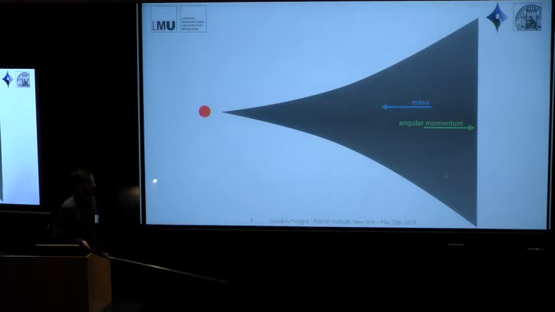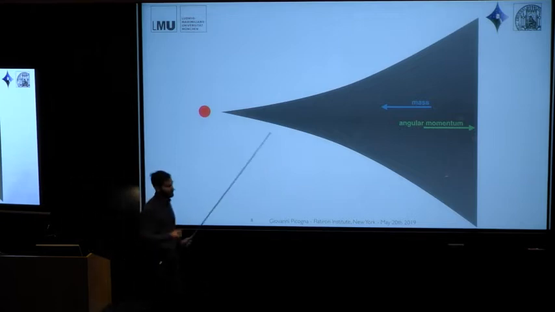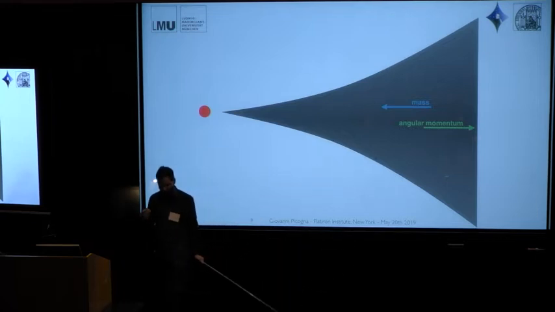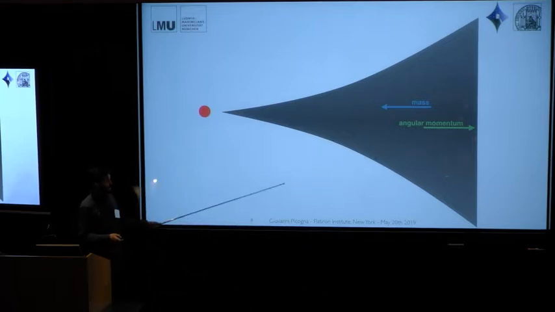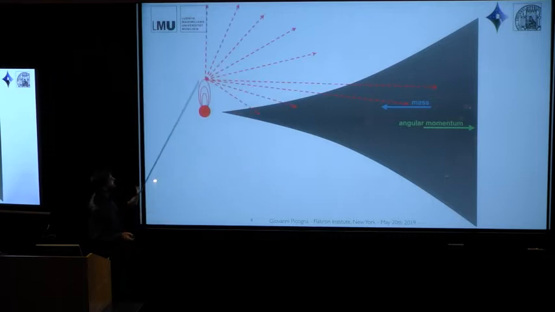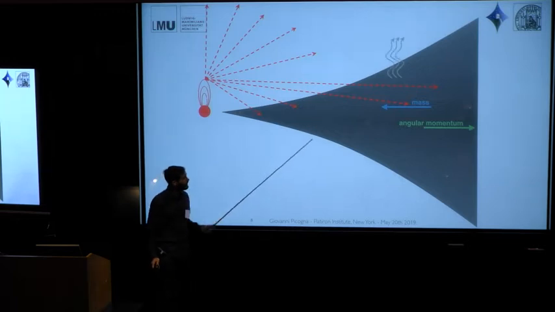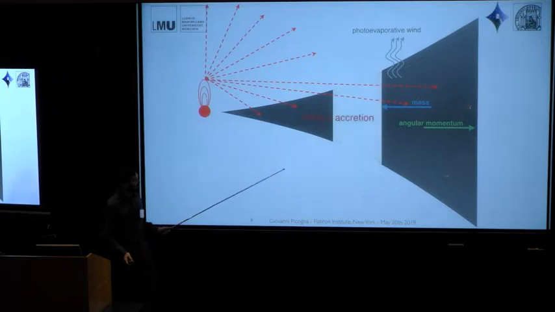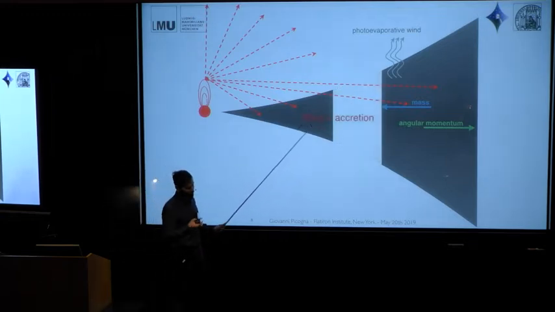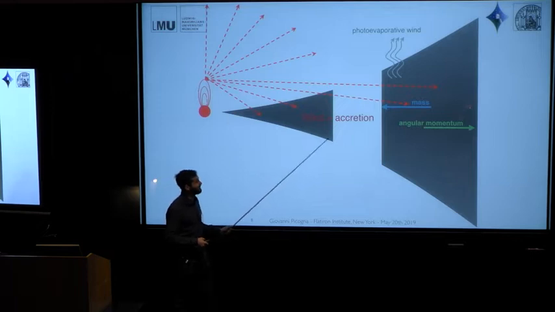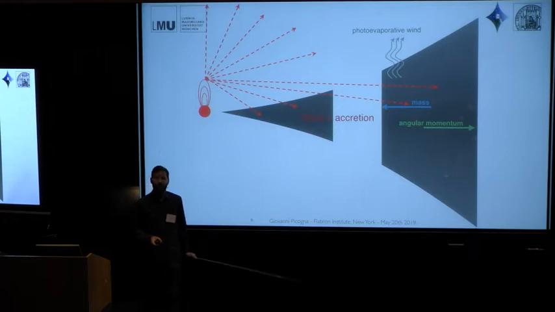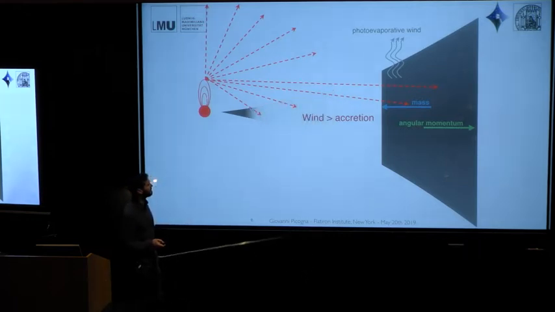As has already been explained, you have a process in the disk, and I will remain agnostic on that, that transports angular momentum outwards and mass inwards, and this goes down with time, while at the same time the star is irradiating the outer part of the disk and generating a thermal wind, up to the point where the mass loss rate due to photoevaporative winds becomes larger than the accretion rate onto the central star, and so you start carving a hole, roughly at the gravitational radius, as Christina was telling you.